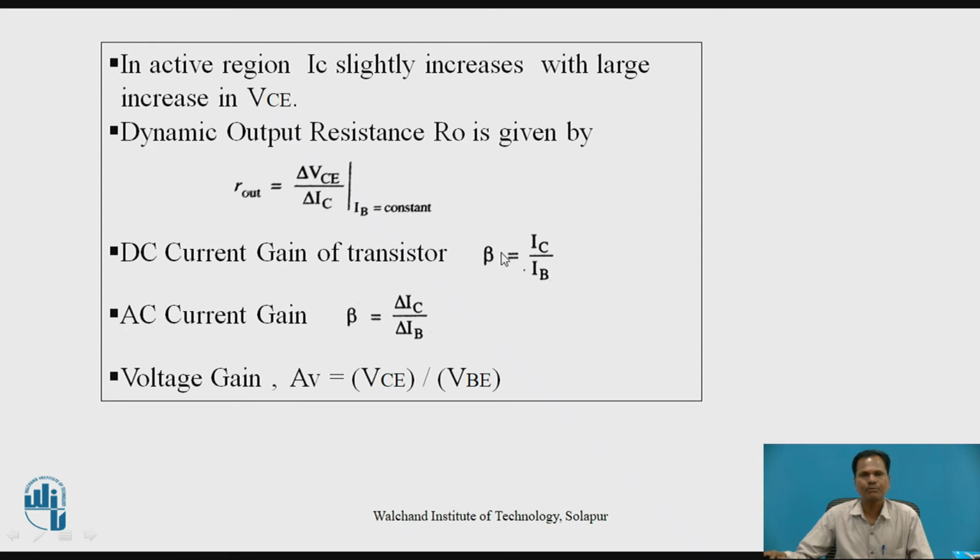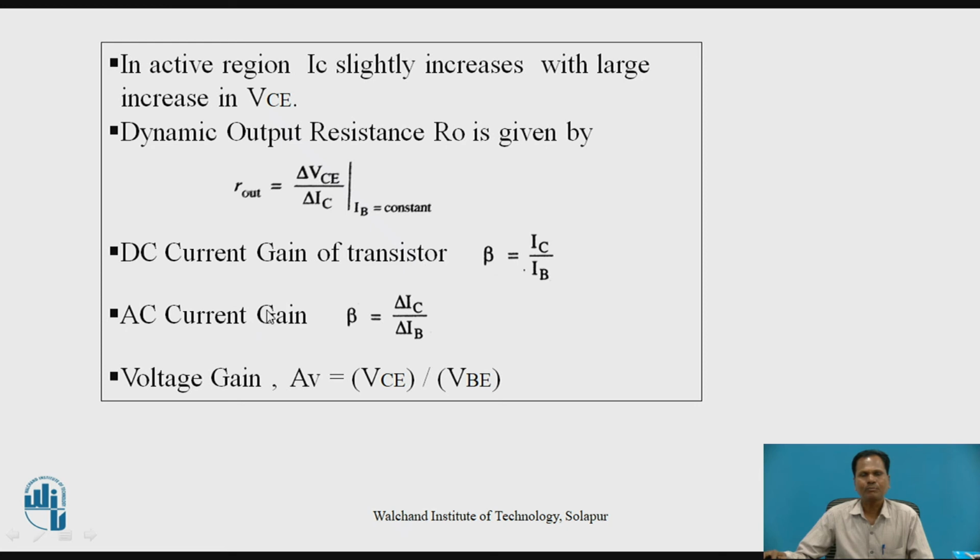The AC current gain of the same transistor, beta, is the ratio of change in collector current to change in base current IB. Practically, the values of DC current gain and AC current gain are approximately equal for the transistor.